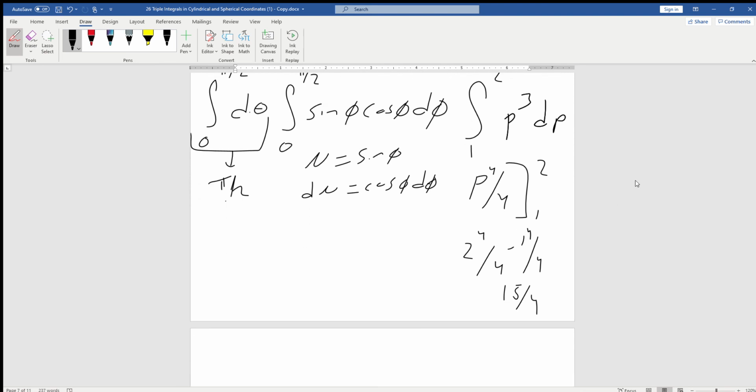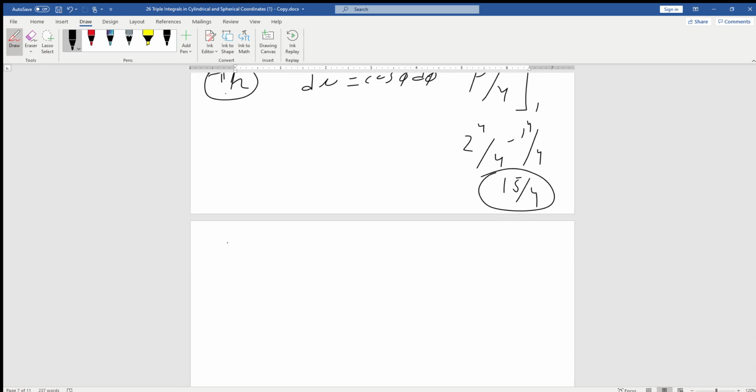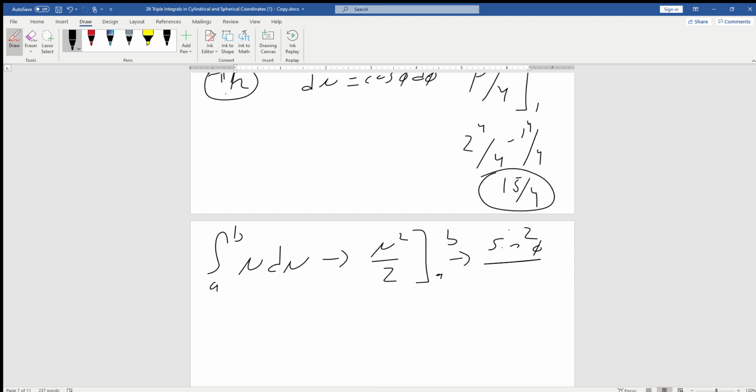I'm going to go to the next page. Let's hold on to this pi halves, and let's hold on to this 15 fourths, because those are going to be parts of the product for the answer. If we go back down, now we have the integral from a to b. We substitute u for sine phi. Du is cos phi d phi. U squared over 2 from a to b, or sine squared of phi over 2 from 0 to pi halves.